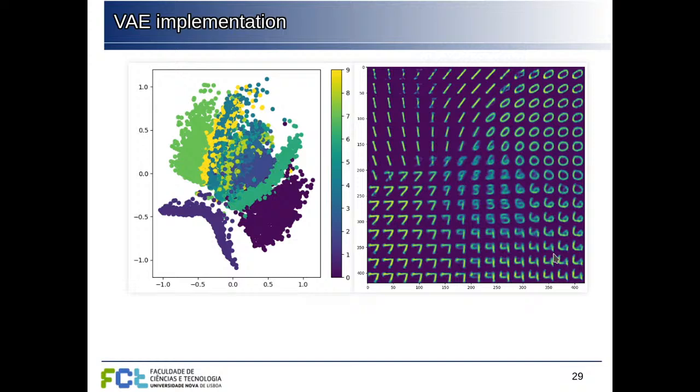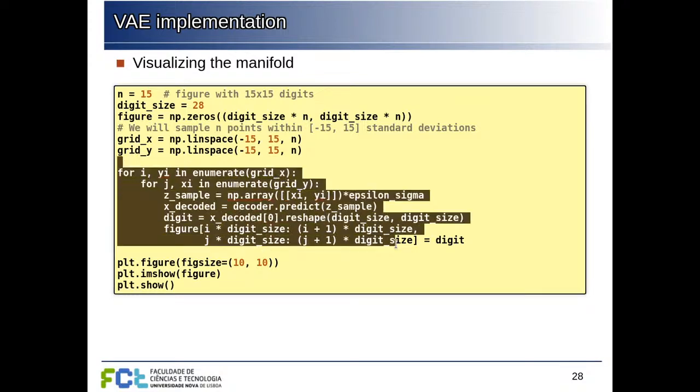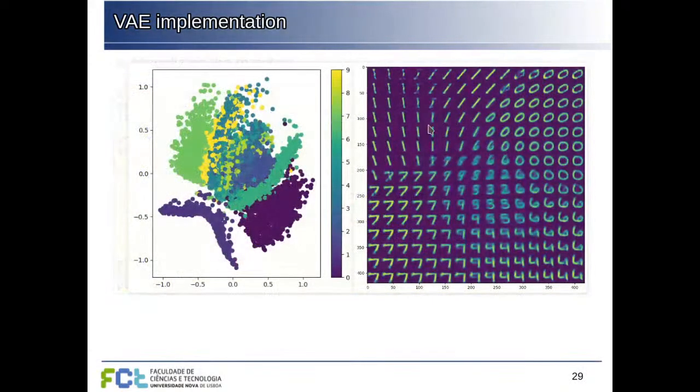And we can also look at the manifold that we generate. Basically, what I'm doing here is using a 15 by 15 grid. I create a set of values using the means from the different points in the grid. So you can imagine that this would be at the center 0 of mean for the first distribution, 0 of mean for the second distribution, and then we increase here the mean for the first distribution.